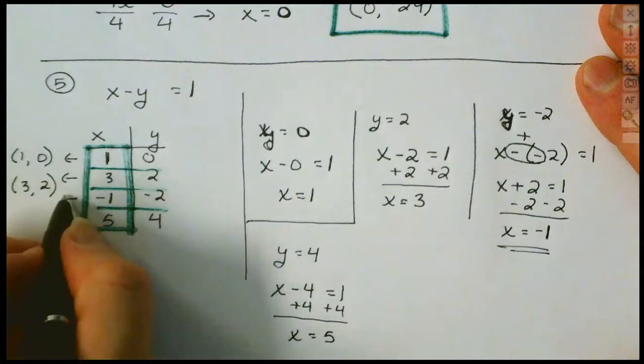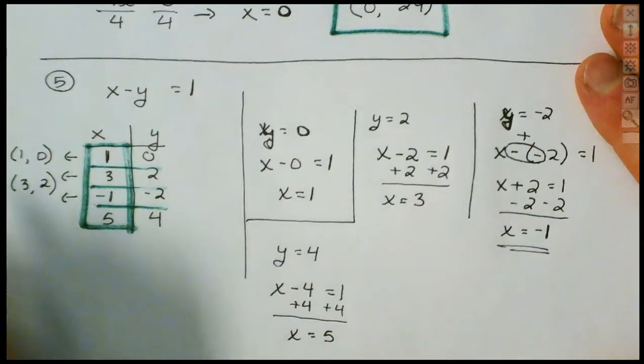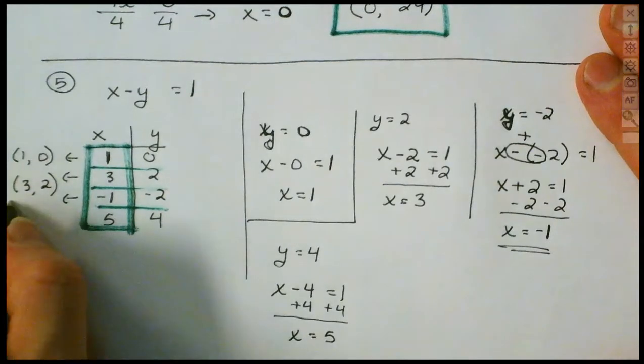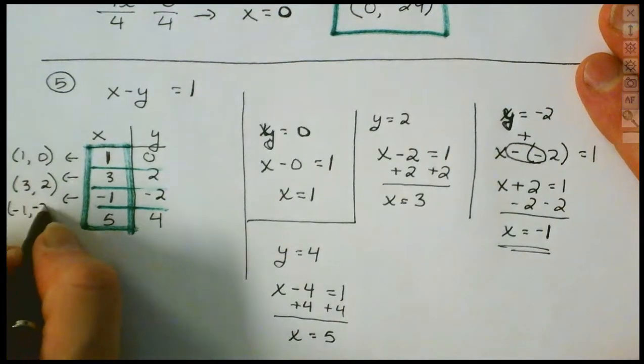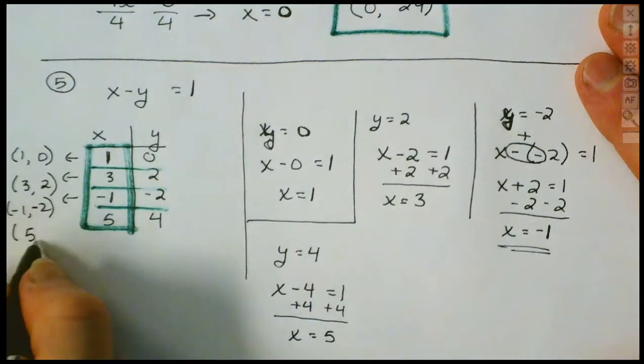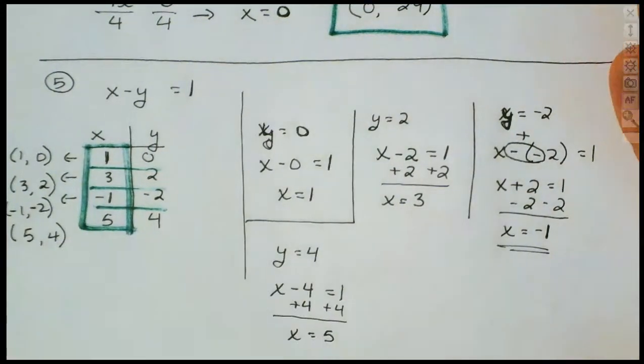So we've got our ordered pairs now. We've got 1, 0. We've got 3, 2. We have negative 1, negative 2. And we have 5, 4. So that is what we've got so far.